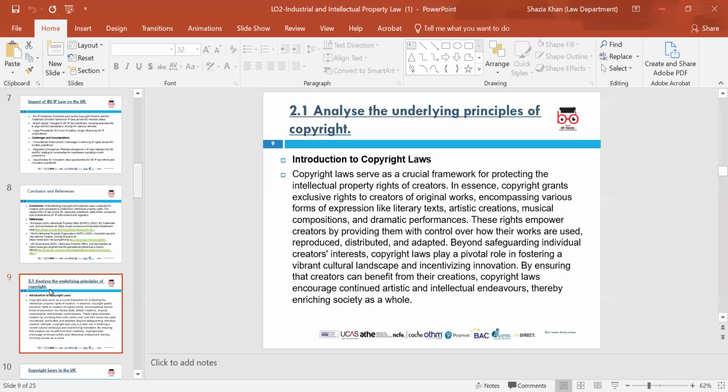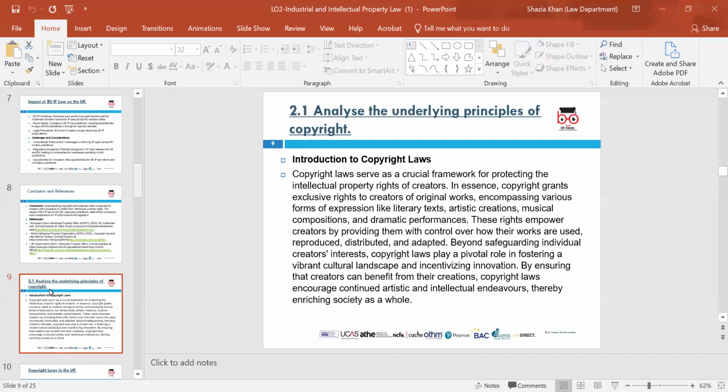The copyrights empower creators by providing them control over their own work, how it is reproduced and distributed, beyond safeguarding, by ensuring the creators can benefit from their creations, and copyright laws are put into place so that the laws are not breached.